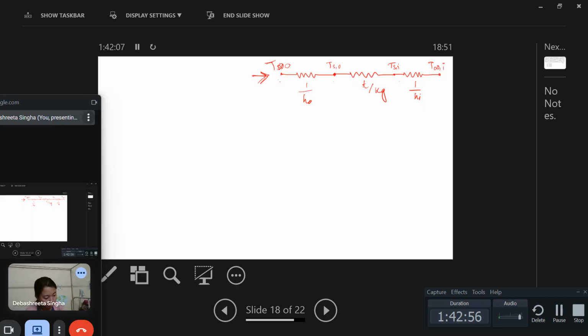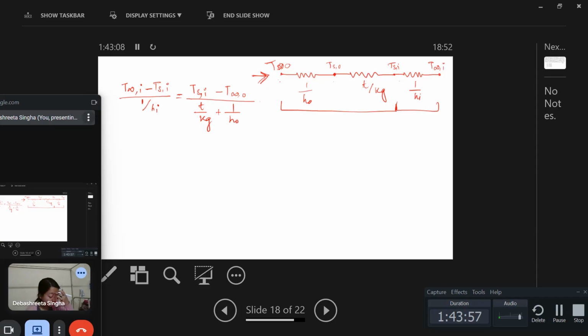That means T infinity i minus T_si divided by 1 by h_i is equal to T_si minus T infinity o divided by t by k_g plus 1 by h naught.